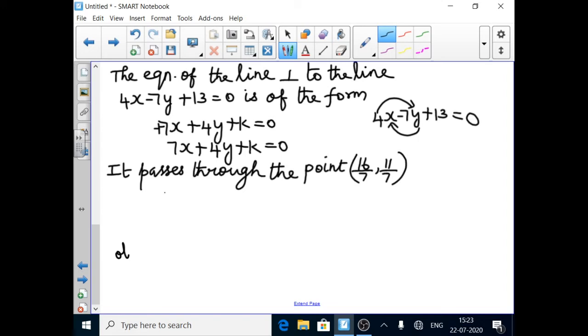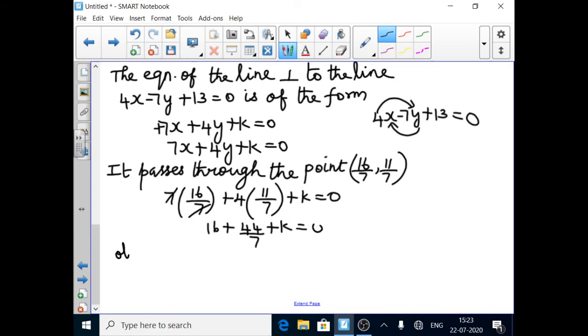So instead of x, 7 into 16 by 7 plus 4 into 11 by 7 plus k equal to 0. So the 7s get cancelled. So we have 16 plus 44 by 7 plus k equal to 0.